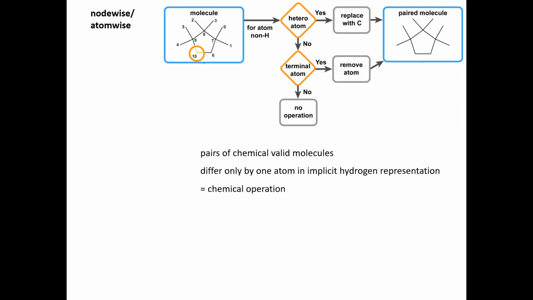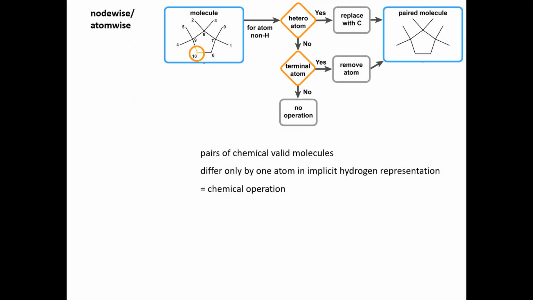So the graph is not representing any hydrogens, because the hydrogen can be added later on just by applying chemical validity rules. It's a widely used representation in chemistry and is sufficient in this case. So instead of having every atom as a node, here we have every non-hydrogen atom as a node in the molecular graph.